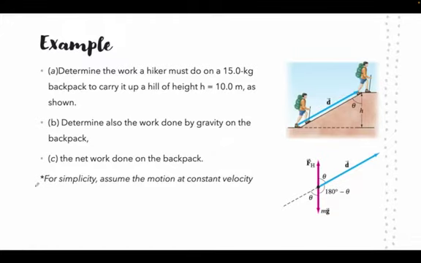So the work the hiker must do, let's just write it down here. Work is going to be equal to F d cosine theta. The force that the hiker must use is equal to the weight of the backpack, so the weight is mg, and then d cosine theta.